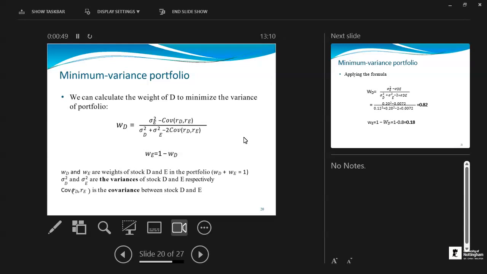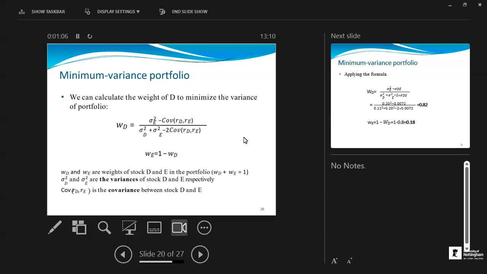So we can calculate the amount of investment we are going to make in, let's say, stock D to get to this minimum variance portfolio. The formula for this is here on the slide. So what are we doing here?